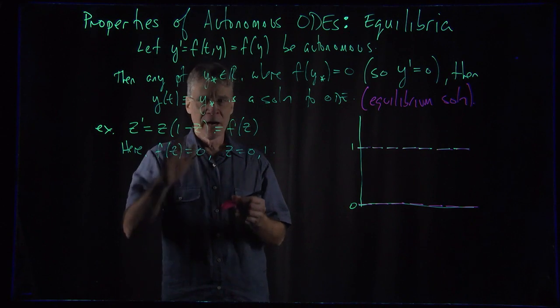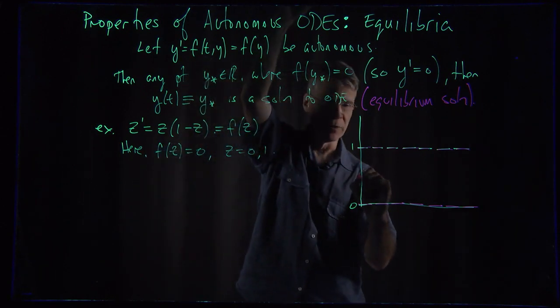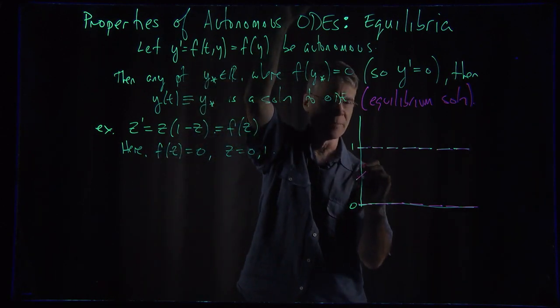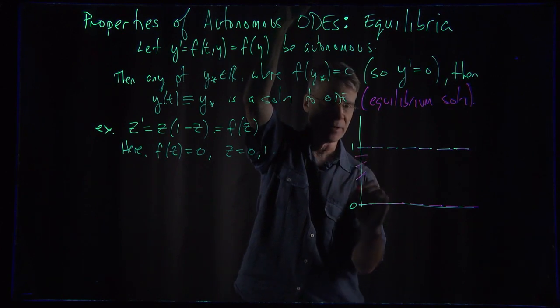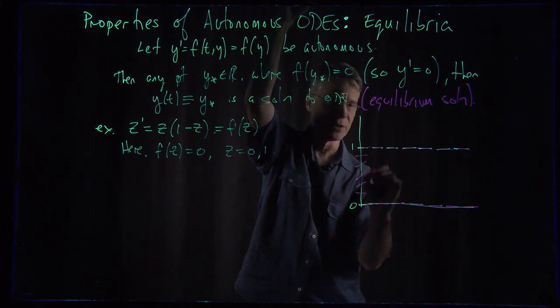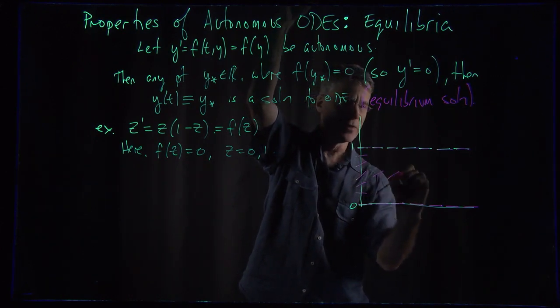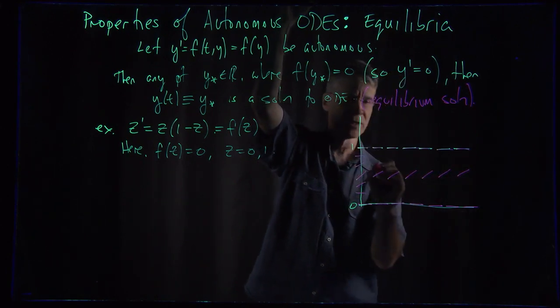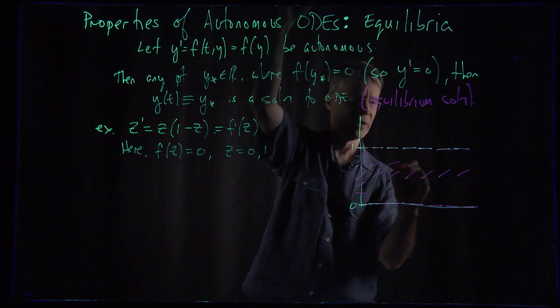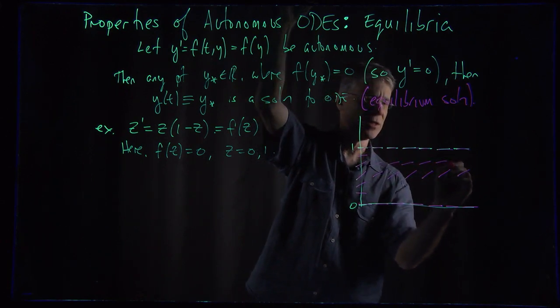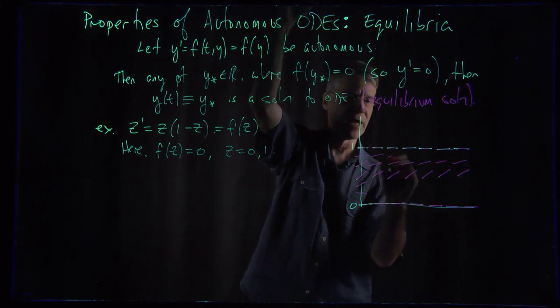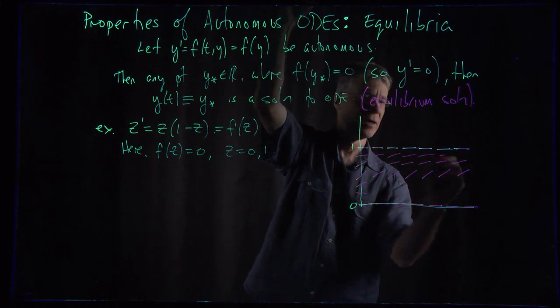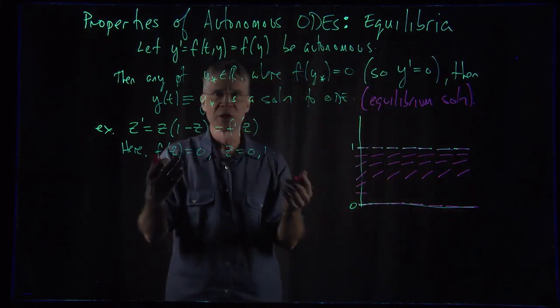I can create my slope field knowing that it's kind of steep there, and it gets less steep here, and less steep here also. And I also know that it's the same all the way across, and it's flatter all the way across here, and even flatter here because the numbers are getting smaller.